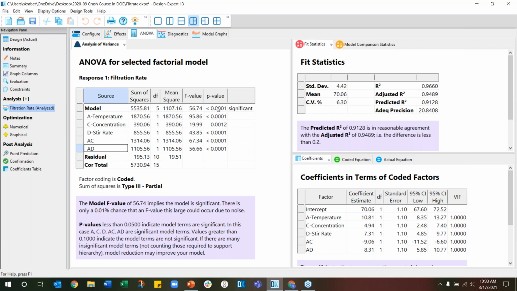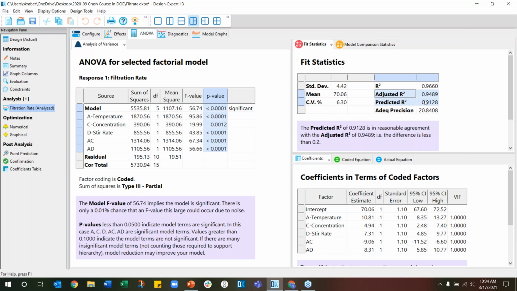Okay, so that's just the very basics of the ANOVA, watching your p-values to make sure that they are probably less than 0.05. That's just a general guideline. Then some other statistics that you can also look at would be the R-squared values, especially focusing on the adjusted and predicted R-squared.